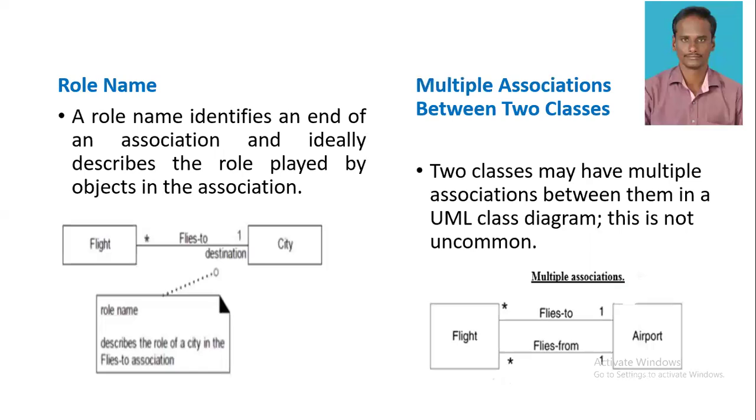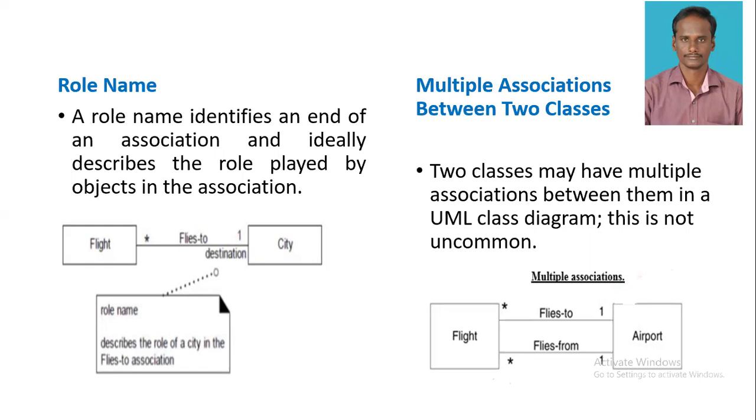Next, role name. A role name identifies an end of an association and ideally describes the role played by objects in the association. For example, if we have two classes, Flight and City, and the association is Flight flies-to City, it means that many flights fly to one city.